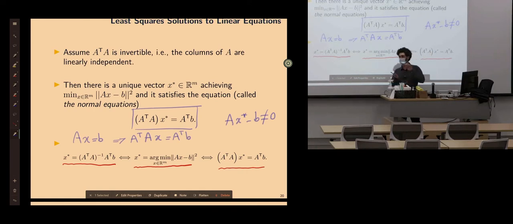It is not the same as the original space, right? So there's something that you're missing here, and that missing part is the leftover, the error, and it is geometrically orthogonal to the solution.